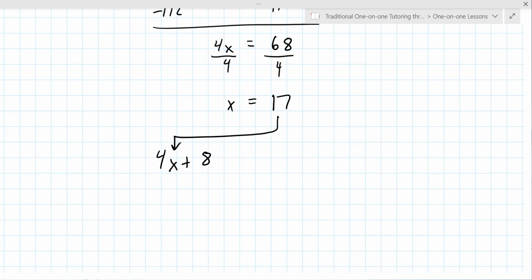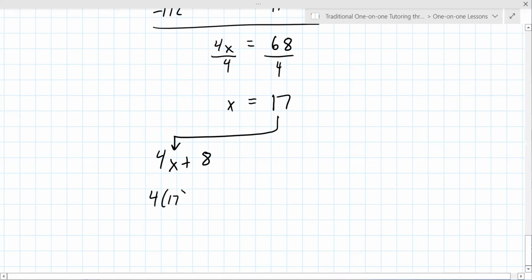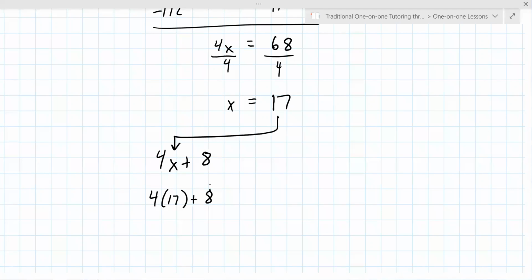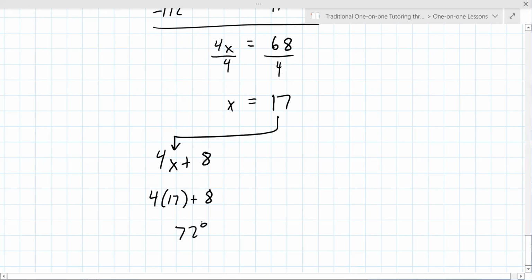So for 4x plus 8, I got 4 times 17. That's right. 4 times 17 is 68, plus 8. That is going to be 72. That is correct. Very good.